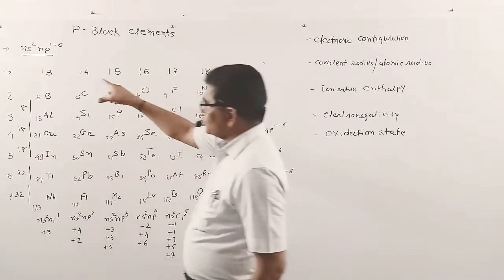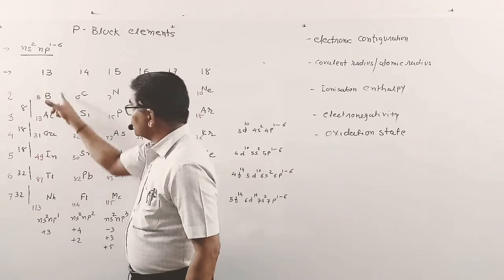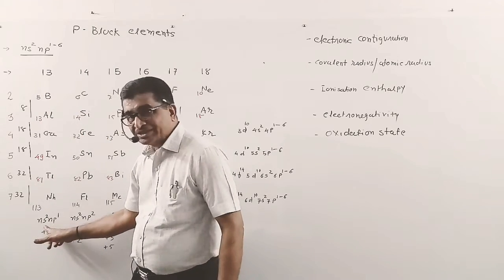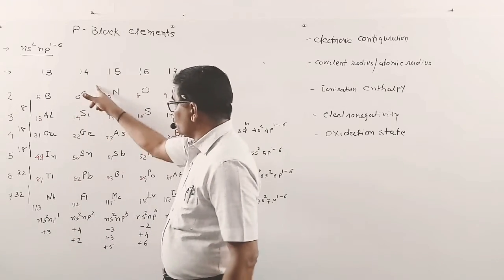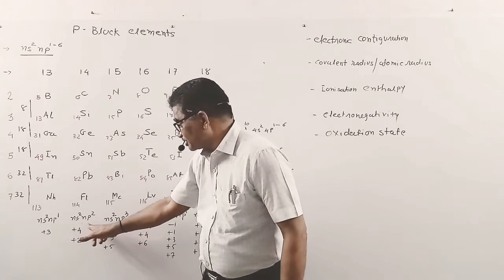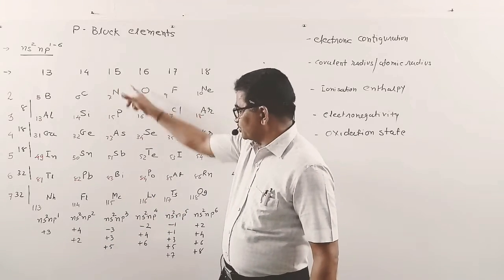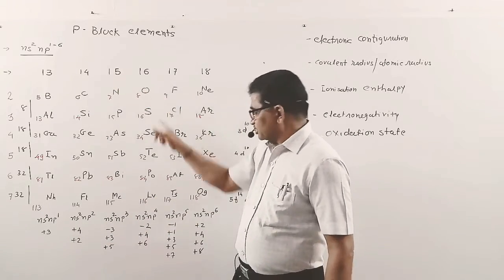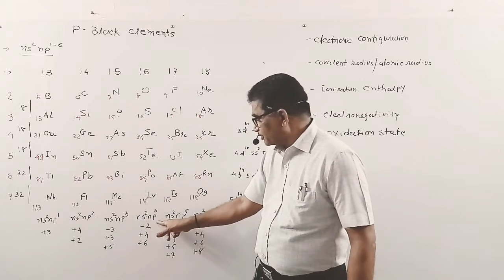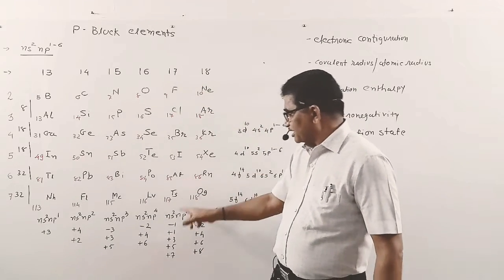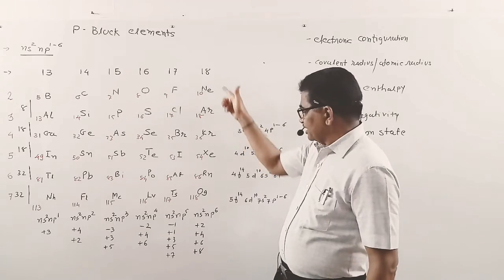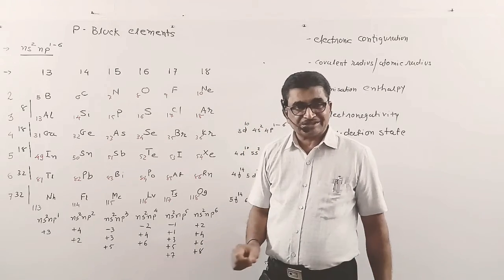Now, we know about the electron configuration. Group 13 has electron configuration ns2 np1. Group 14 has ns2 np2. Similarly, 15 has ns2 np3, 16 has ns2 np4, 17 has ns2 np5, while 18 has ns2 np6.